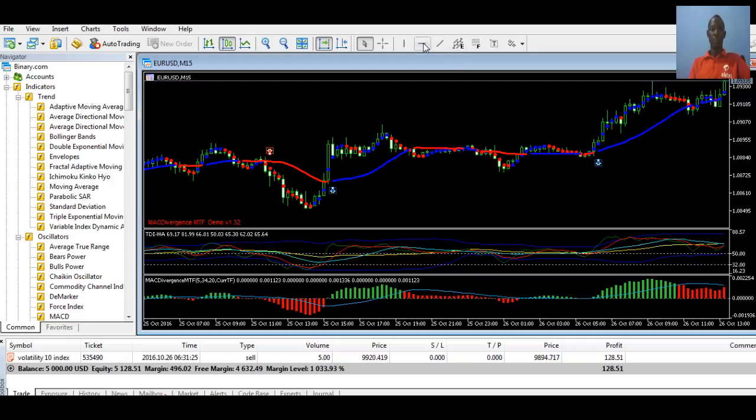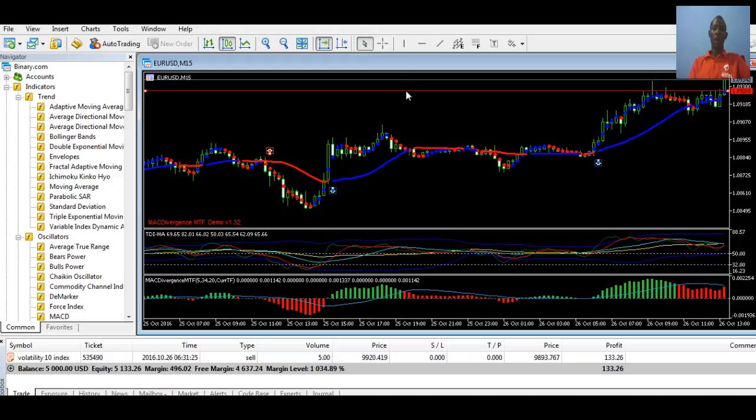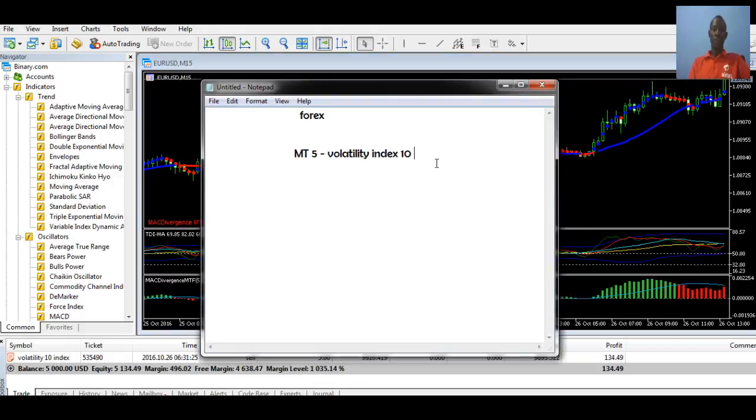Let me give us this. Okay, now let's say we want to assume that we want to trade Euro USD right now with a take profit of, let's say quickly, 50. You want to have 50 pips, and then a stop loss.